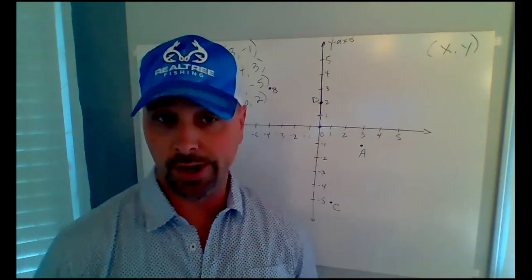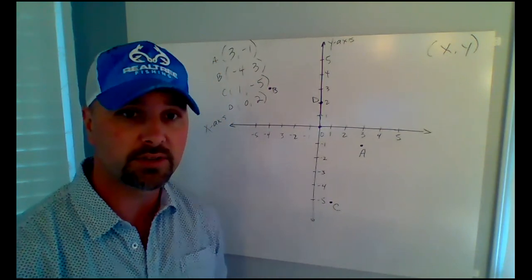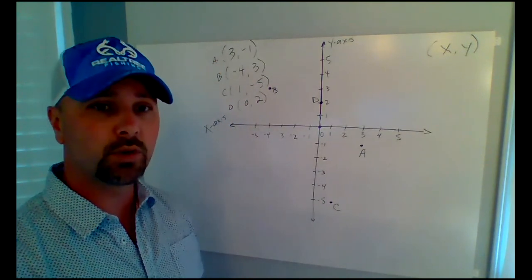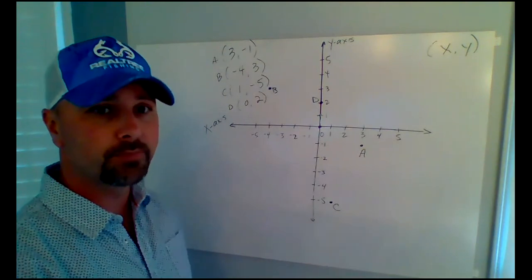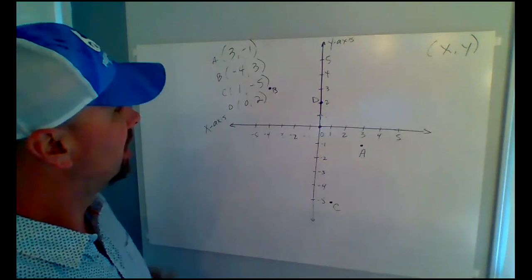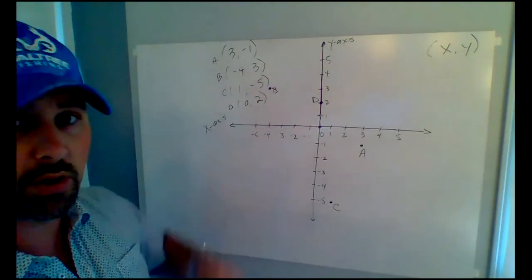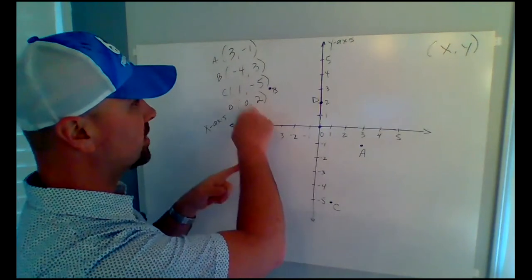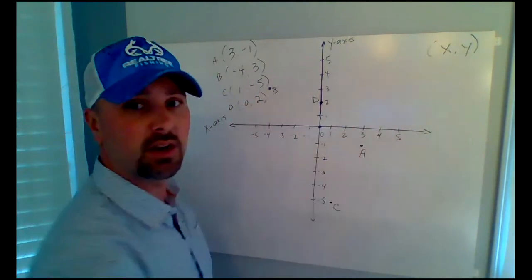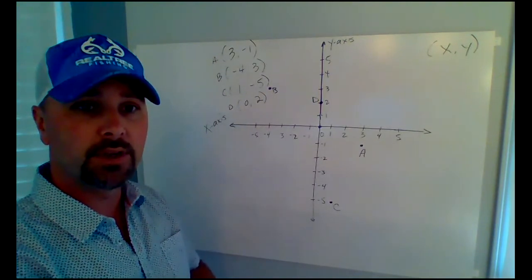So that's really all there is to the coordinate grid. It's a shorter series of videos, but as I said, we're going to build on that with the next section of videos. So x-axis, y-axis, coordinate grid. These are the coordinates, an x and a y. X is always first, y is second. We're going to use that a lot, okay?